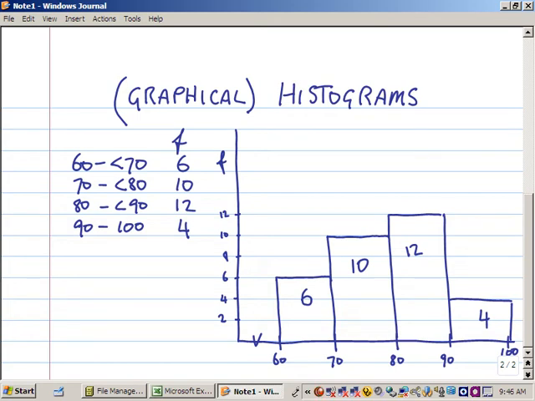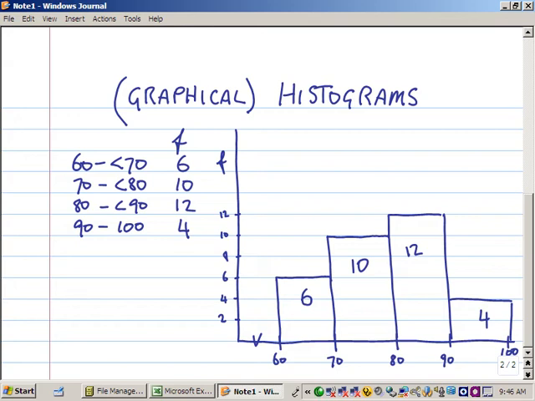Here we have a histogram. We have the blocks touching each other. Alright, there are no holes, unless we have to have holes, unless we have no observations in a particular region, etc. If we have bars which are not touching and no intention of touching, that's called a bar chart, and it's not a histogram. This is a histogram.